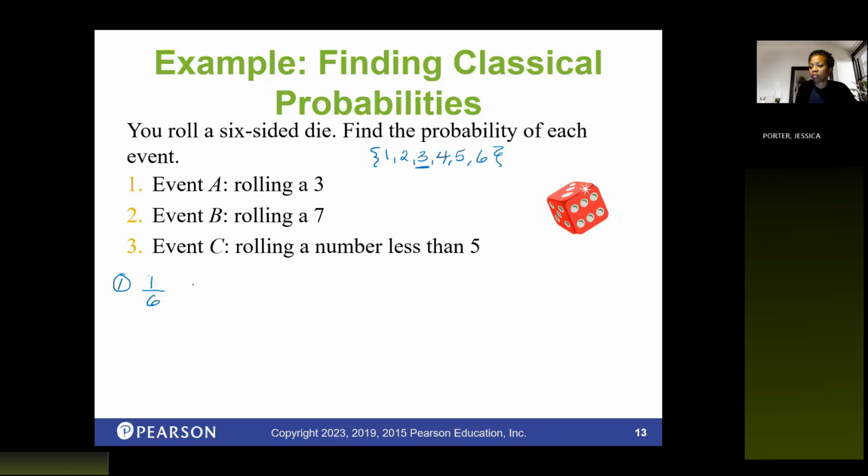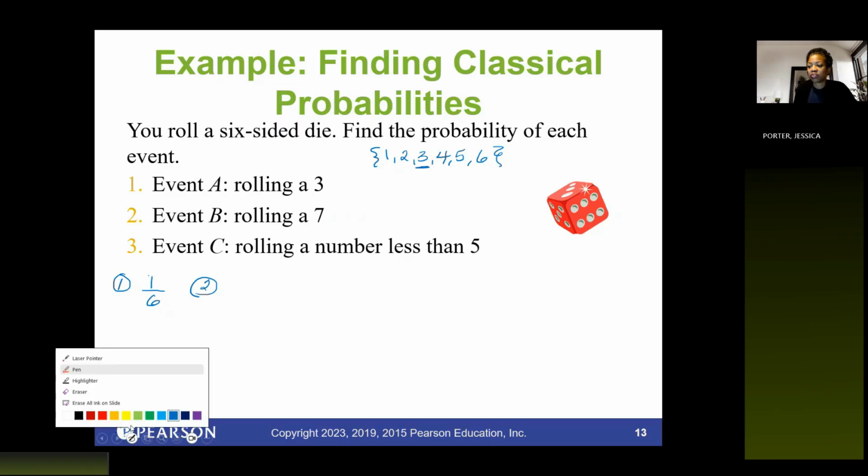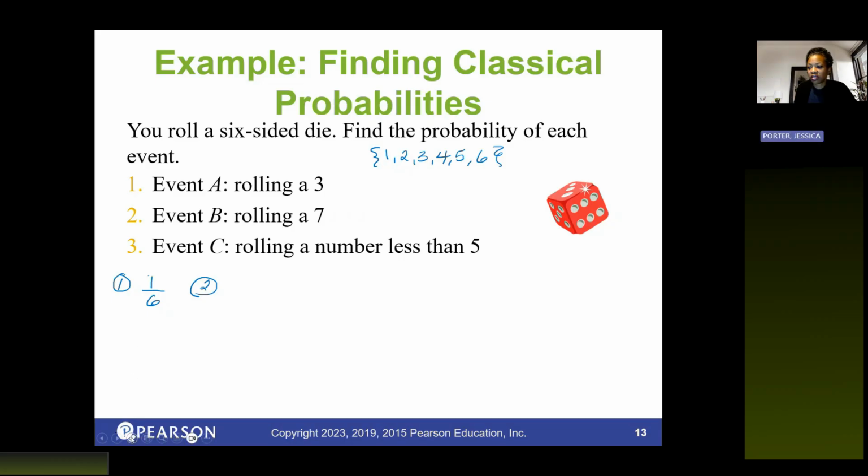Right. What is the probability of rolling a 7? You're right. 0 out of 6, because we can't roll a 7, since we only go to 6.